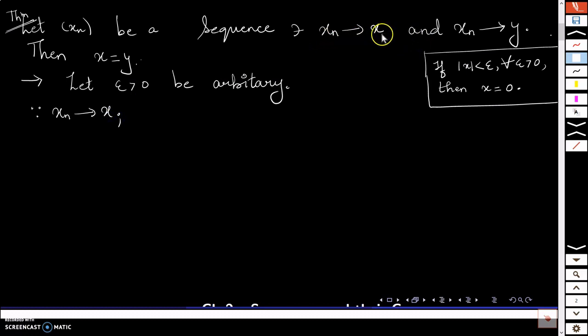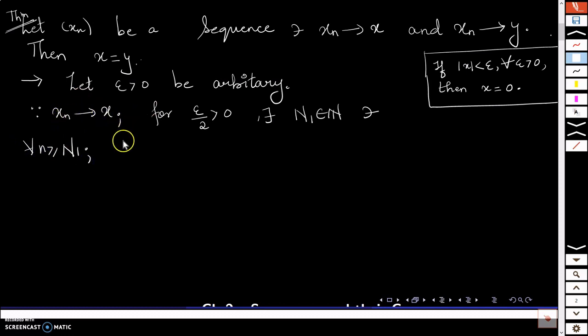That means, by definition, if I give you any epsilon positive, then since xn converges to x, for epsilon by 2 (I will tell you why I am picking epsilon by 2), there exists a natural number n1 such that for all n bigger than or equal to this n1, this difference xn minus x can be made less than the epsilon that I started with.